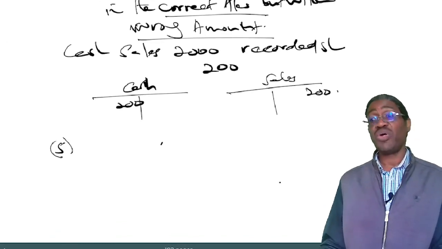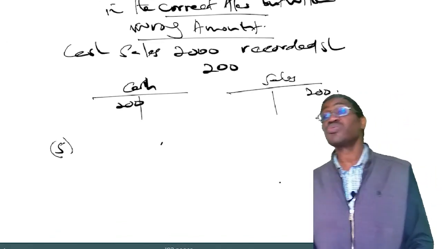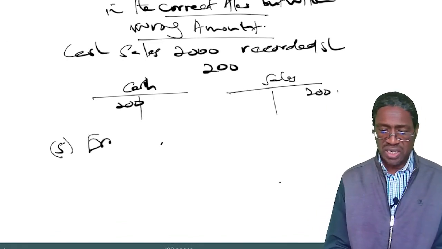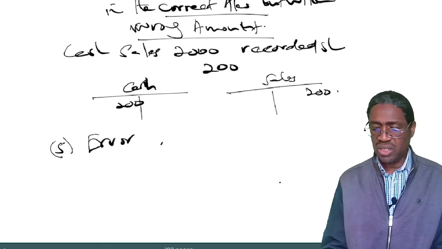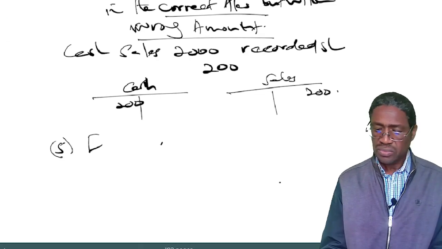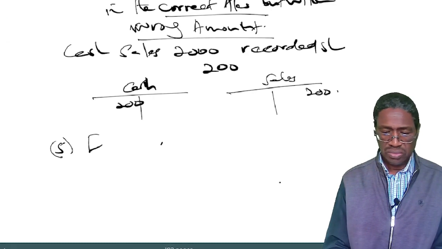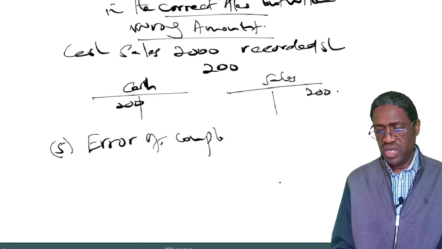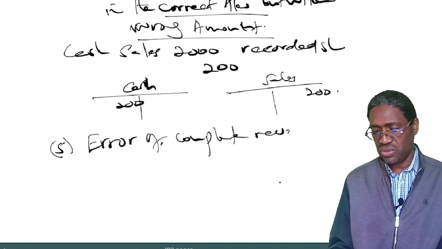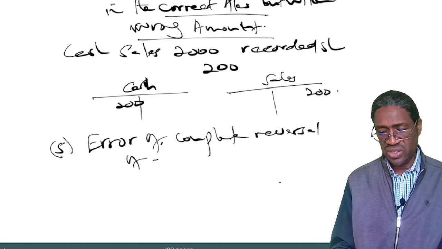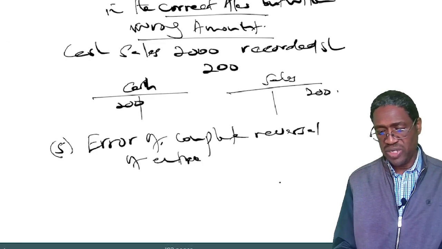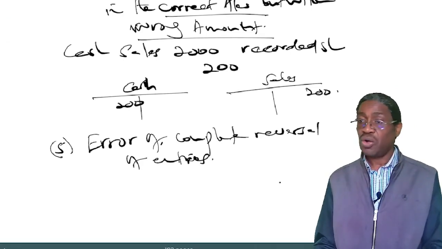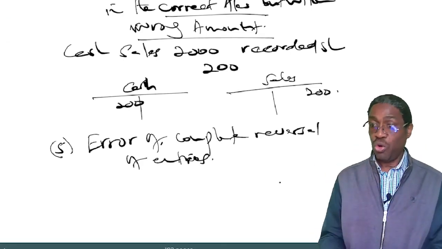Another type of error which, when you commit it, the trial balance will still balance. We call it, or maybe I can call it this way, error of complete reversal of entries.